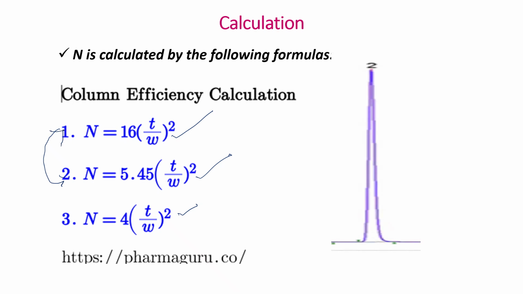In formula 1, T is the retention time, W is the width of the peak at baseline of the peak. Whereas in formula 2, T is the retention time, same as formula 1, but W is the width of the peak at half height.